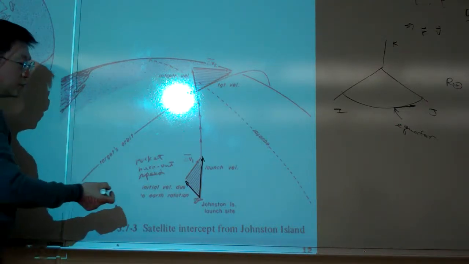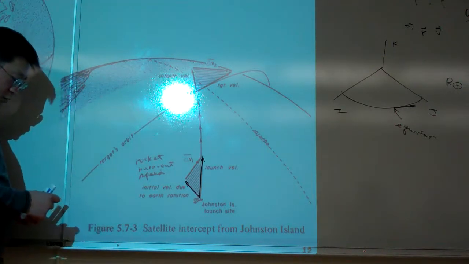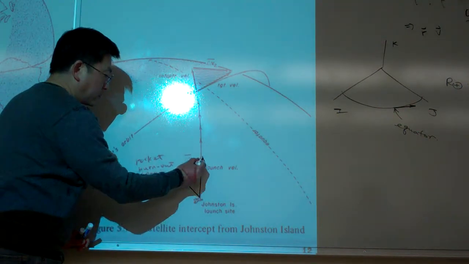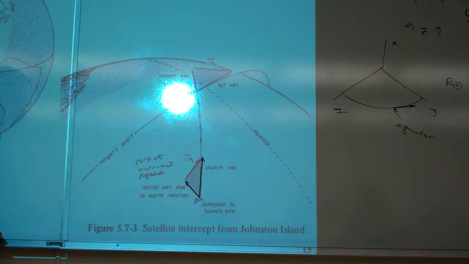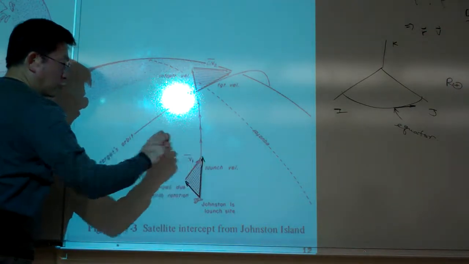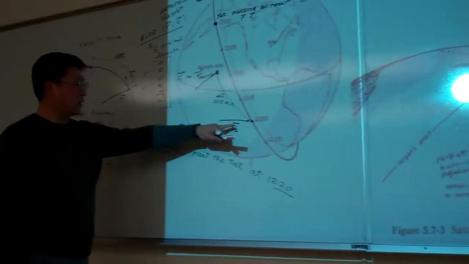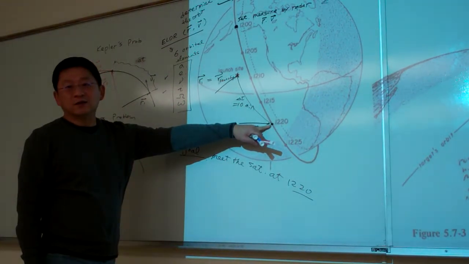So for launching the rocket, we only need this delta V1. From here we can determine the flight path angle at the launching site to shoot into the sky. That is provided by the launching procedures there. So once everything is determined, we can meet the satellite there.